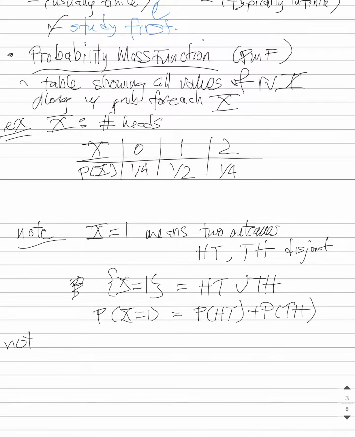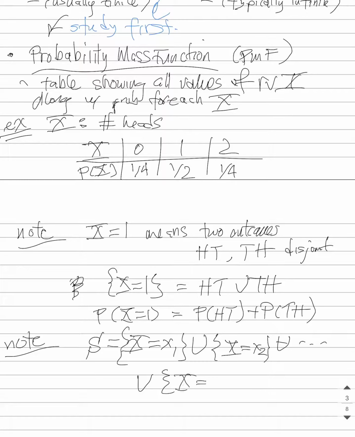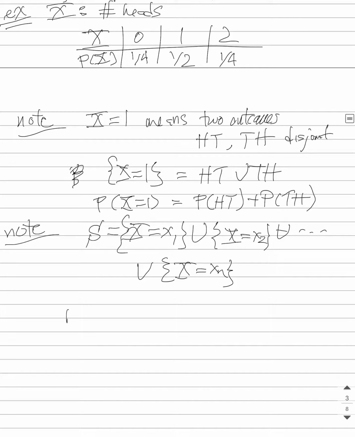Now there's another note with mass functions. Because the sample space is usually partitioned into all of the outcomes, it has to be partitioned up into all of the outcomes that your random variable can take. This goes on all the way down to the end. If you were to apply the probability function to each of these, again, all of these are disjoint.